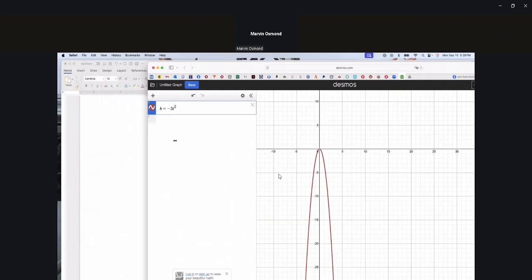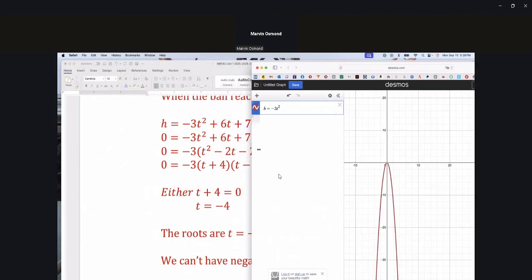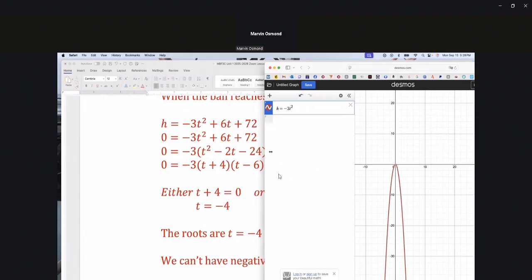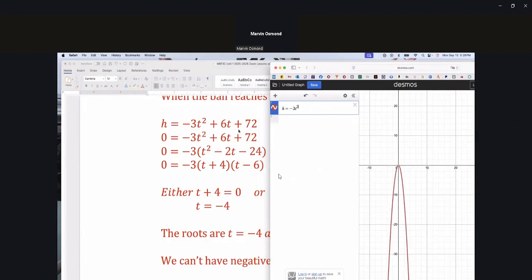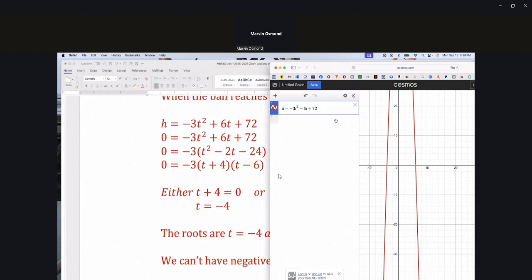So again, what I like about this particular program is it shows you the parabola as we enter the data. Plus 6t plus 72. So there is the graph, and -4, +6.